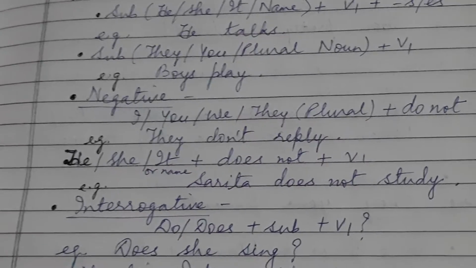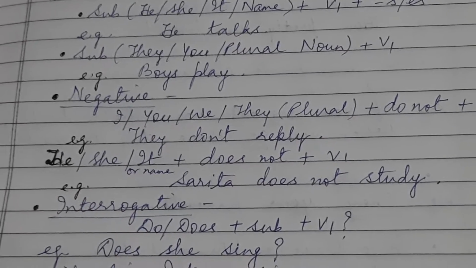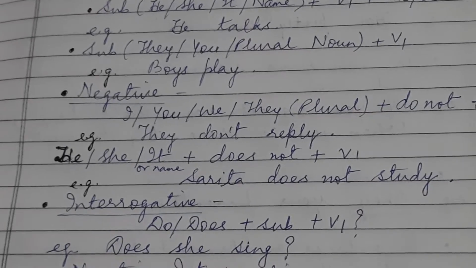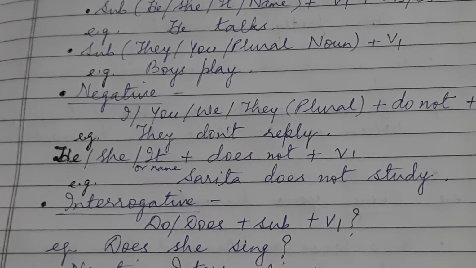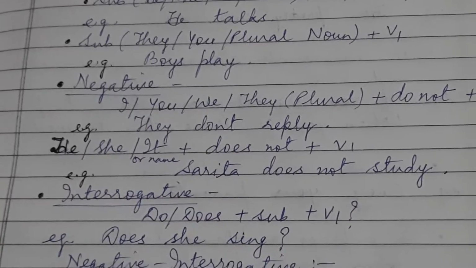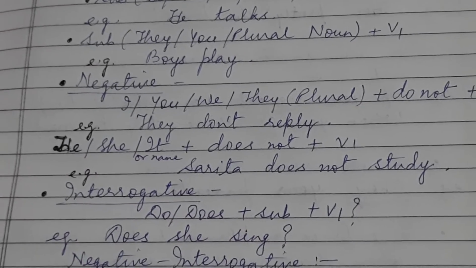For example, boys play. We should never say boys plays, okay? Because plays means verb plus s. That format is used with singular subjects. Like boy plays is correct, but boys play. Girls play. Girls laugh. Like this.